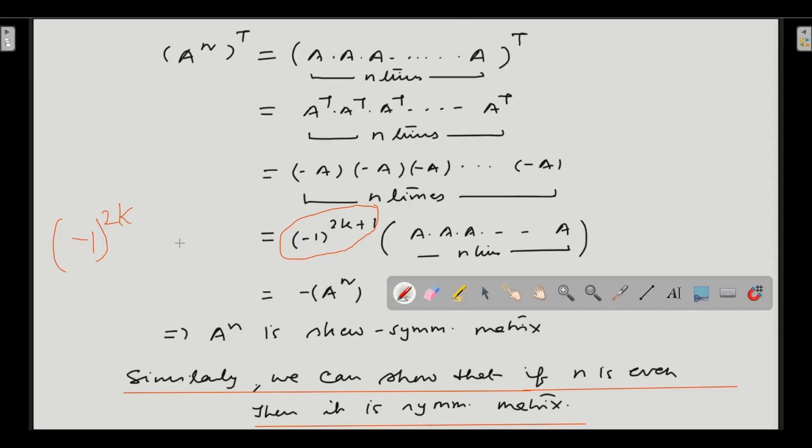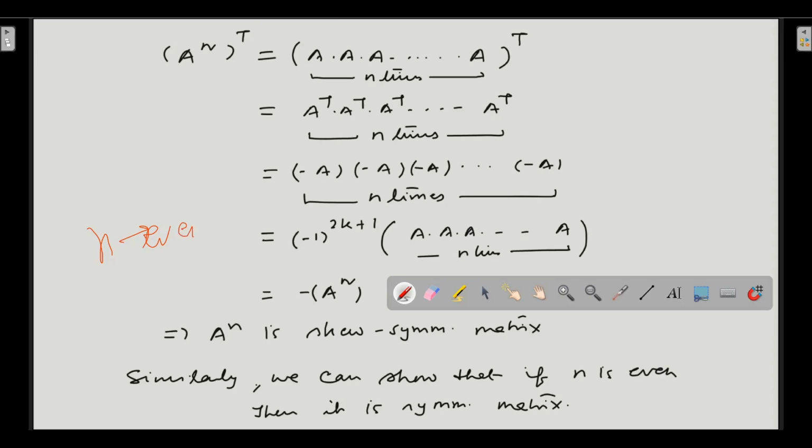Minus 1 to the power even is equal to plus 1, so this minus sign will not be there, and if that minus sign is not there, then it will be symmetric. So for n even, A to the power n will be symmetric.